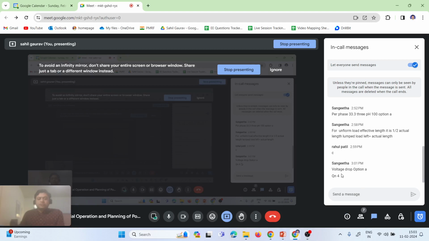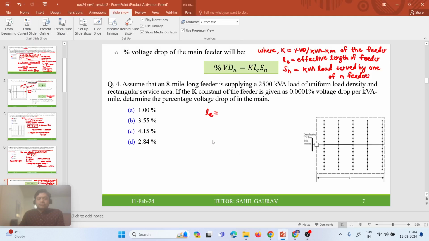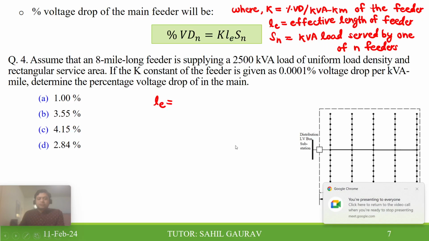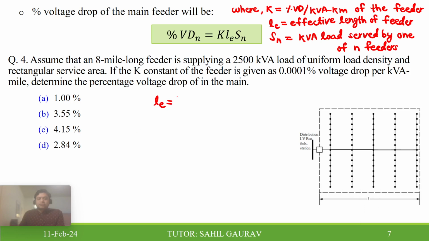Yes, you are correct, Sangeeta. Very good. As she said, effective length will be L divided by 2 if we have uniform load density with rectangular service area.